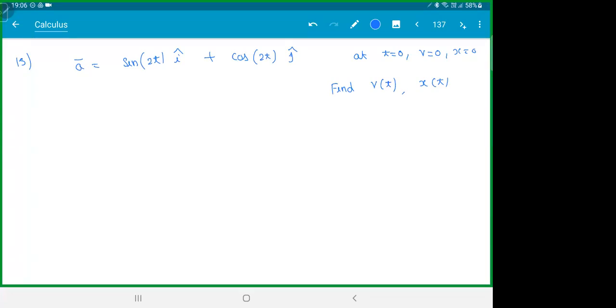This is a good one. Acceleration is given. Find velocity vector as a function of time t, position as a function of time, I should write this as r bar actually.